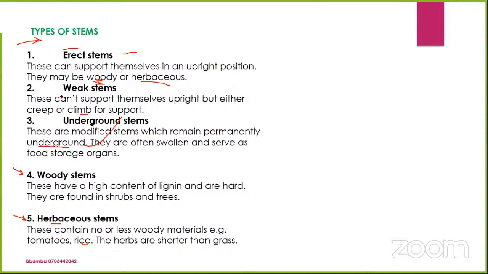But sometimes also stems can be modified differently. So stems can be modified. And when we are modifying them, we are going to see, let me first pick one more question.